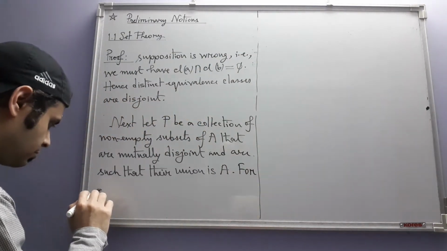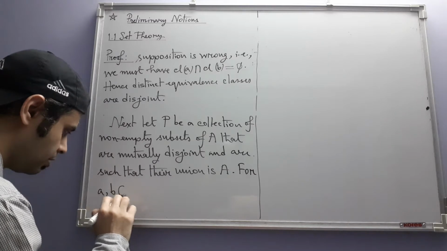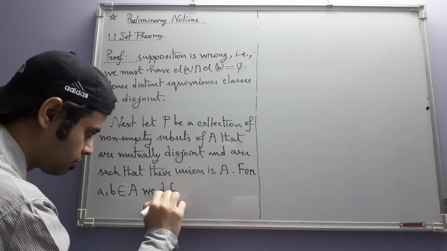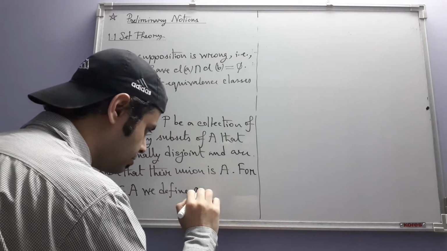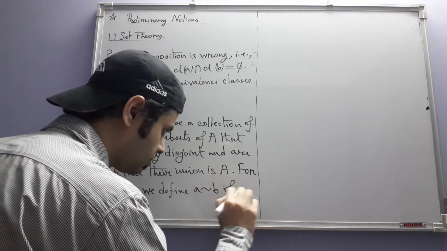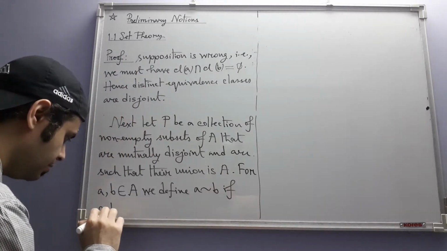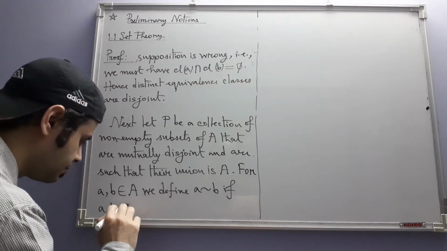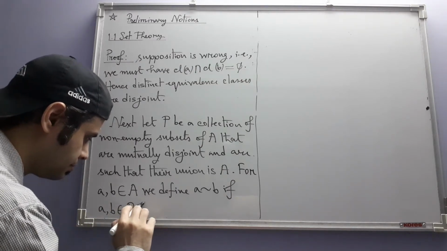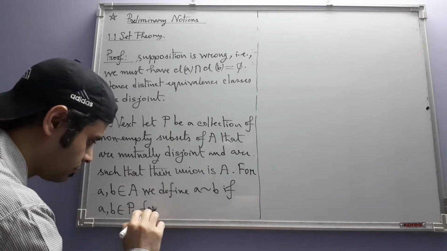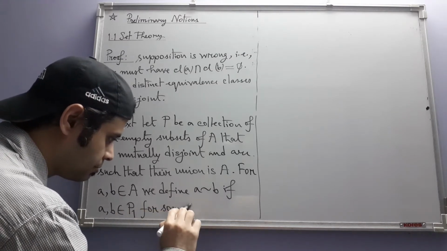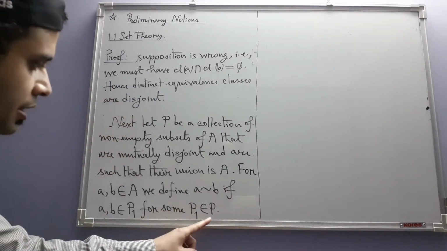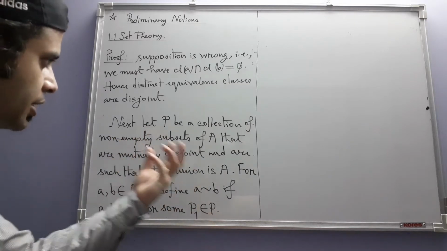For a, b belonging to A, we define a to be related to b if a and b belong to, what should I write? Let me write P1, for some P1 belonging to P. Keep in mind that the elements in capital P are themselves sets.